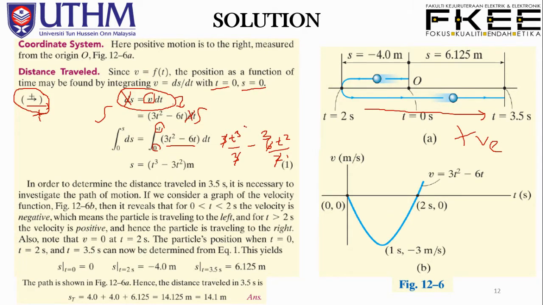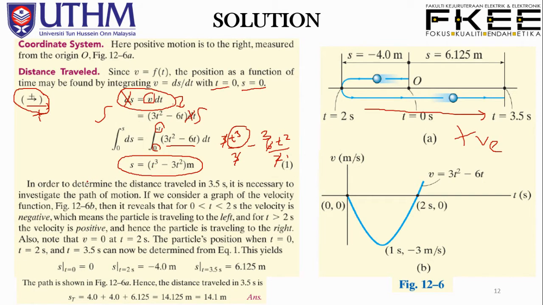And then we have s equal to t to the power of 3 minus 3t squared. Okay, so this is the final equation of s, the distance, in terms of t, time.